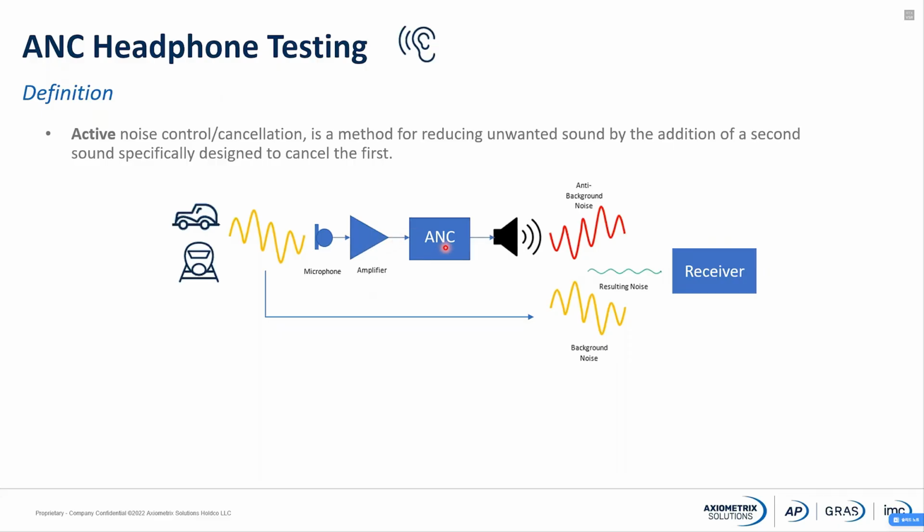And this could be some kind of DSP unit, or it could be an analog circuit that is basically inverting the phase of the captured sound signal, and then using a sound source to produce a signal that will interact destructively with the original background noise, reducing the noise that is perceived by the receiver.